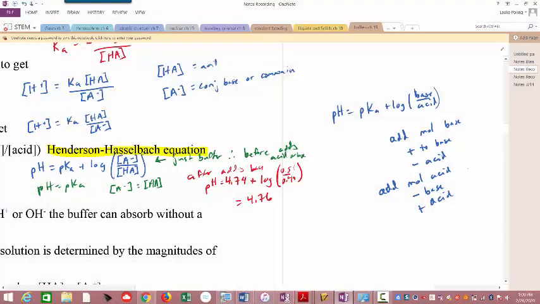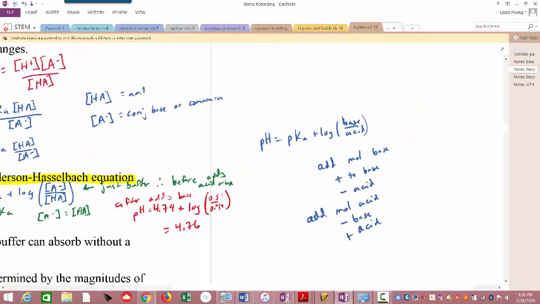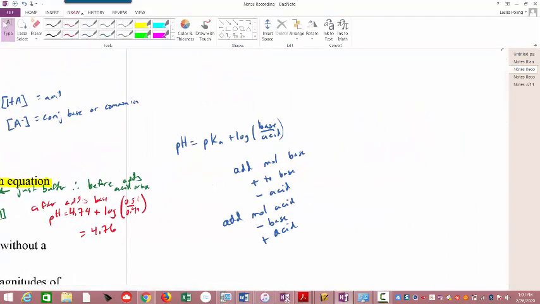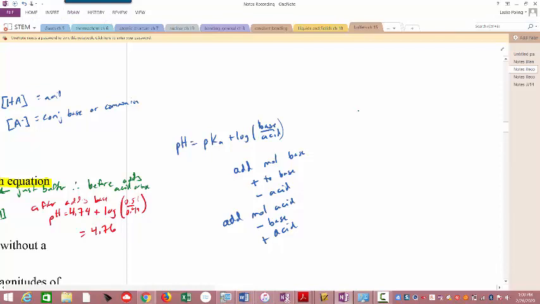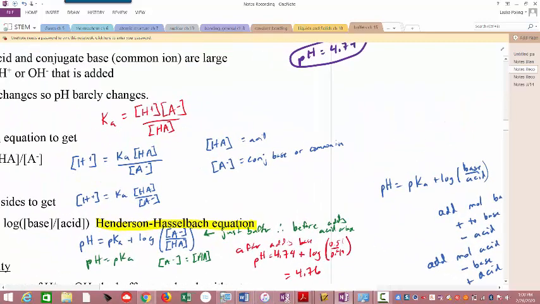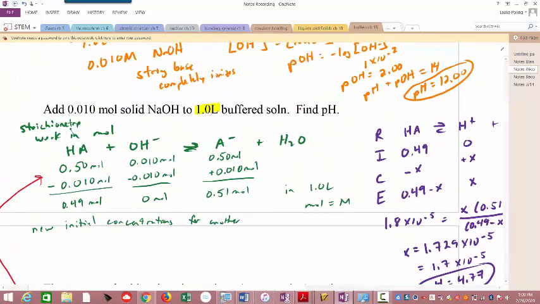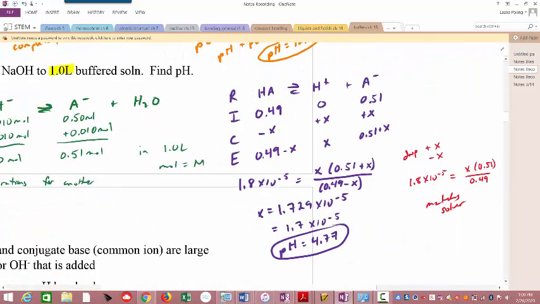Okay, so keep scrolling over here. So let's say we added 0.02 moles of HCl to 1 liter of the buffer. Well, we could go back and at this stoichiometry step, we could do like we did there, but adding an acid instead of a base.